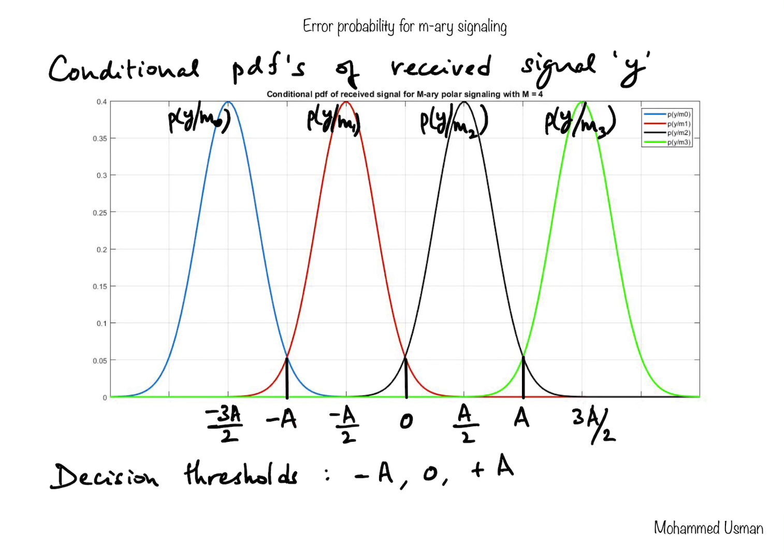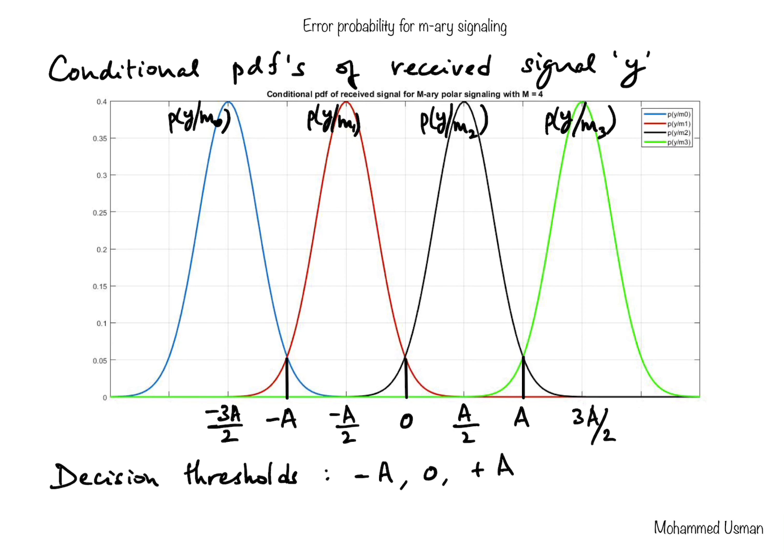below minus A. When the received signal y is between minus A and 0, that is to the right of minus A but to the left of 0, this red PDF has the largest area in that interval from minus A to 0. So the symbol corresponding to the red PDF will have the highest probability. So that means M1.